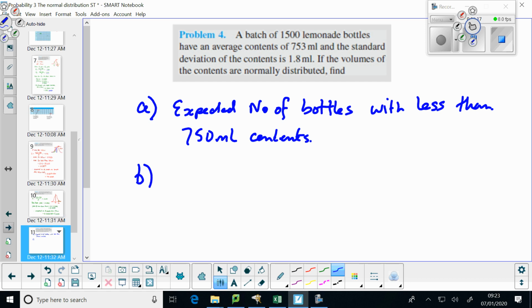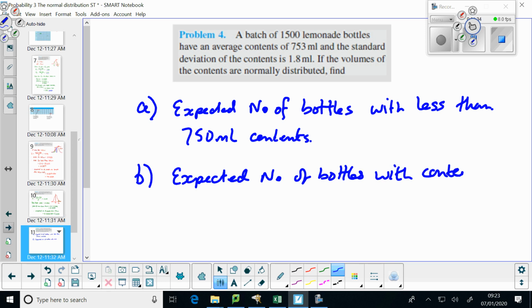B, expected number of bottles between 750 and 754 ml.